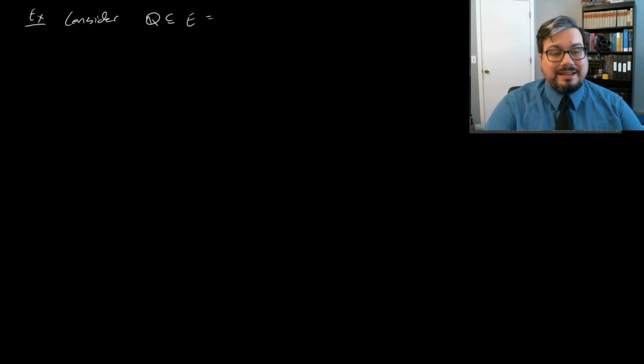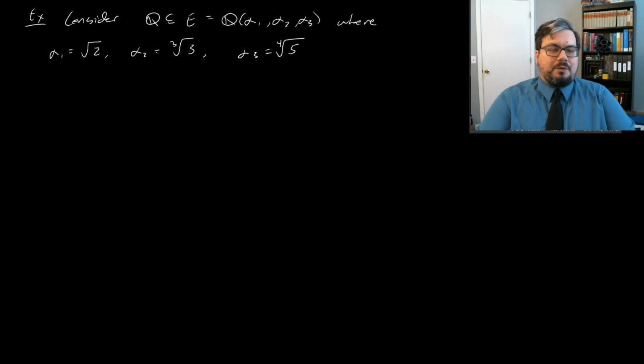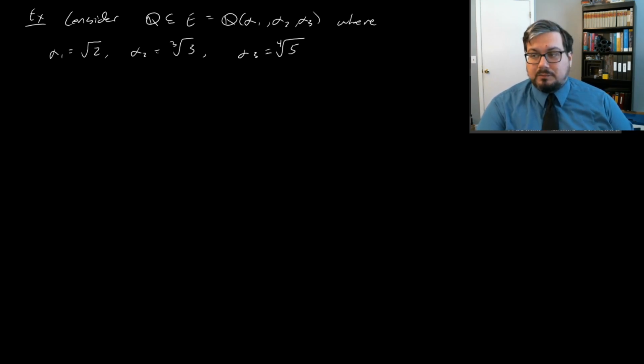So let's consider the field extension Q contained in, I'm going to call it E, and that's going to be Q(α1, α2, α3), where α1 is the square root of 2, α2 is the cube root of 3, and α3 is the fourth root of 5. So we're going to look at the smallest field that we can get that contains the rational numbers and these three irrational numbers.